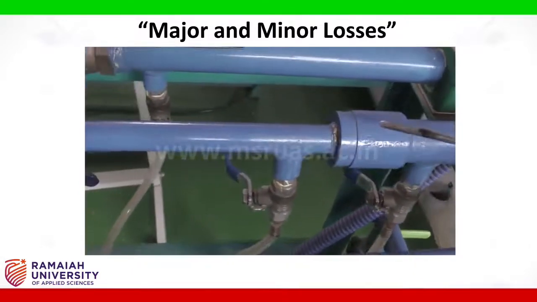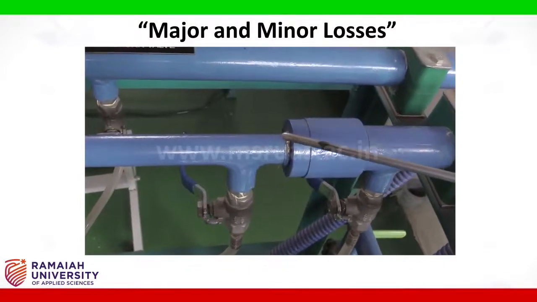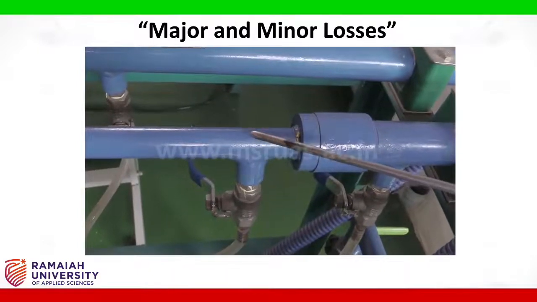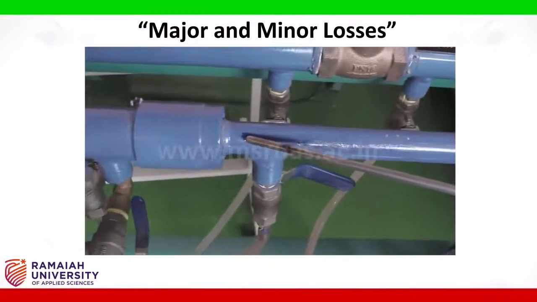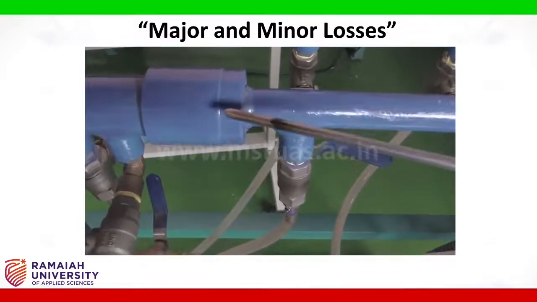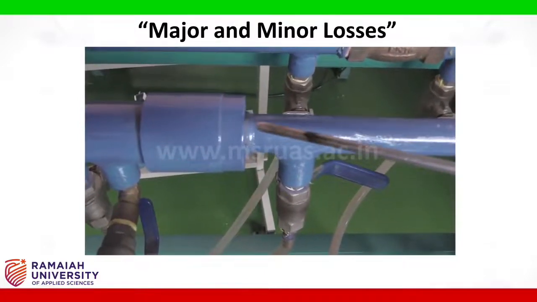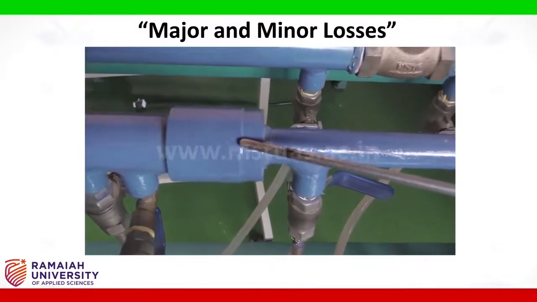Here we can see that the pipe diameter reduces suddenly to a smaller diameter. Further, we have another pipe fitting which is sudden expansion. Here the pipe diameter suddenly increases to a 1 inch diameter.